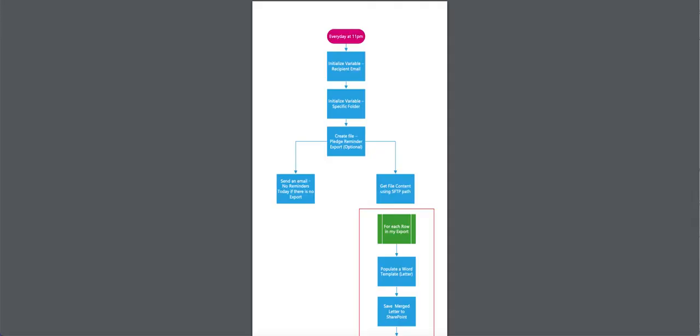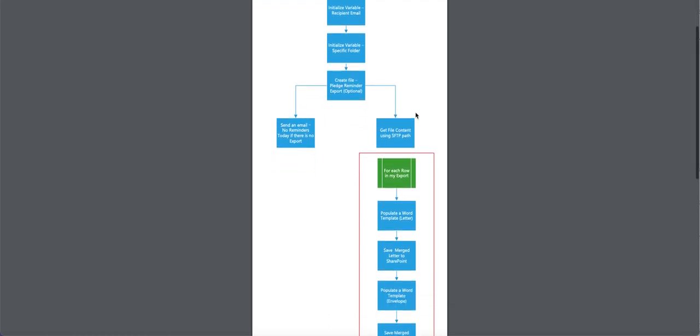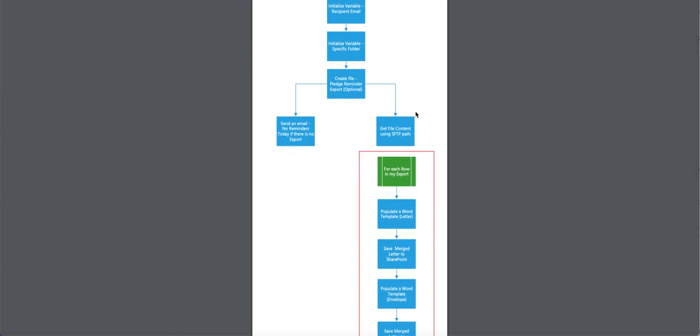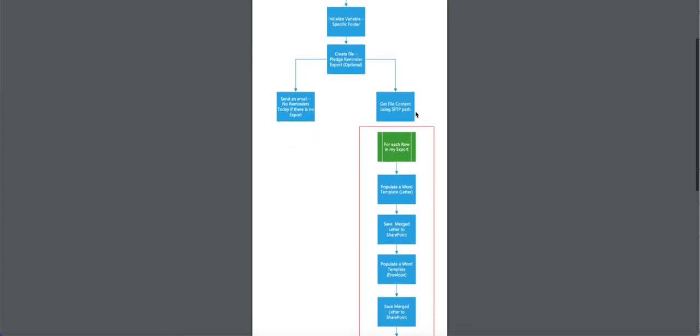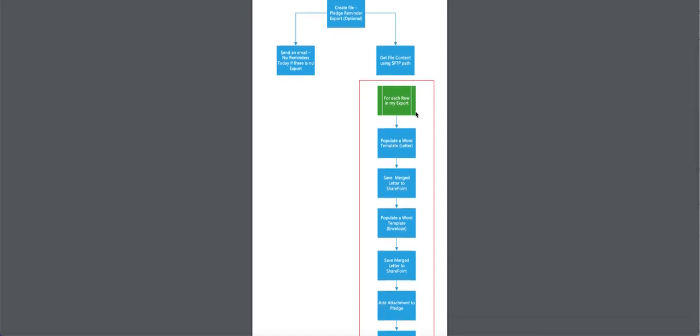As far as the flow goes, again, assuming that you've gone through and have done the other steps for the simple one based on a web view, it's going to be very similar. The biggest thing is going to be in where we're getting the data from. And again, that's going to be from the FTP. So we're going to grab the data from FTP. We're going to cycle through each of the rows in the export.